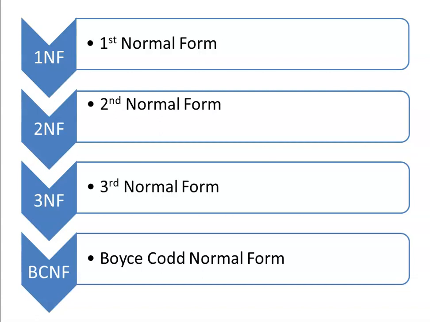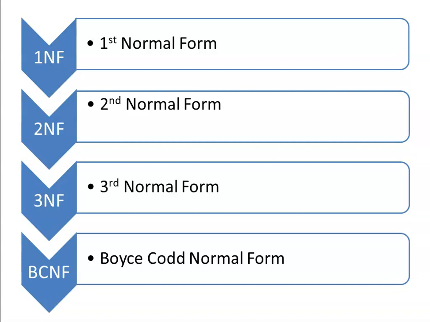So how do you proceed with this normalization? It is not like you pick any one type of normalization and apply it, and say I have applied third normalization, or second normalization, or first normalization. When you apply normalization, it is a series of steps. So you have to apply the first normalization.